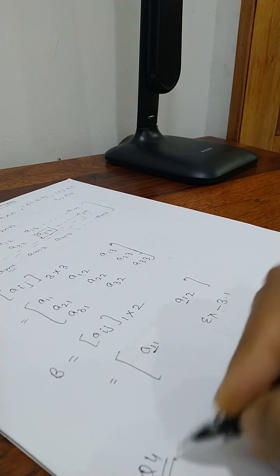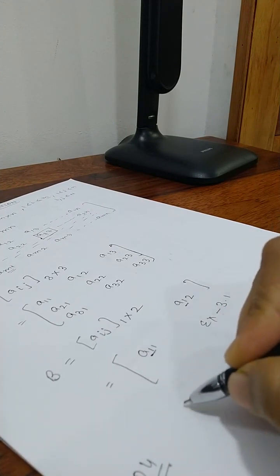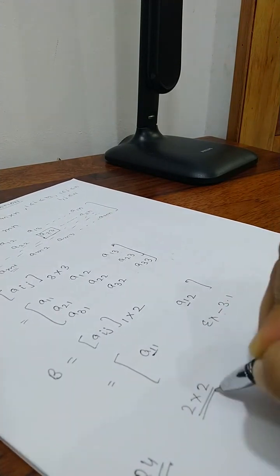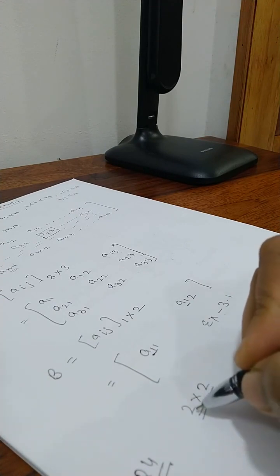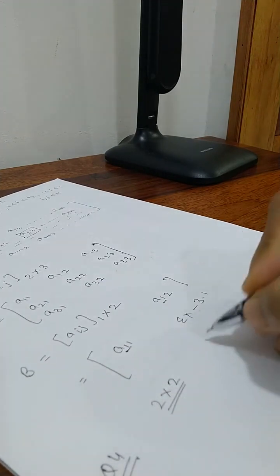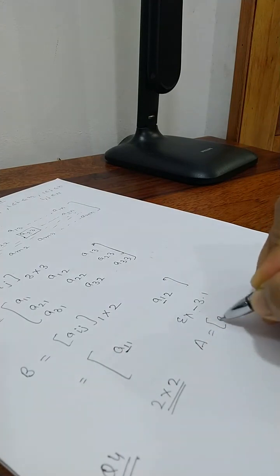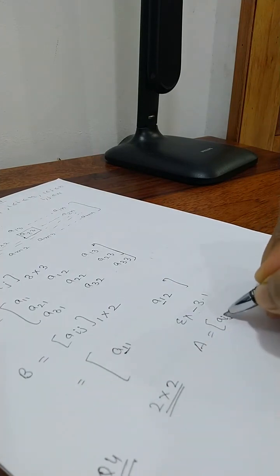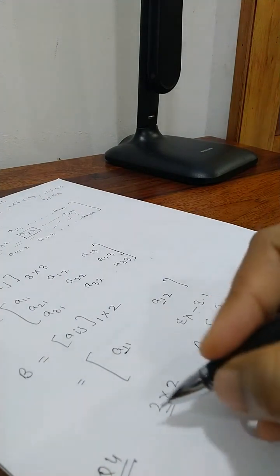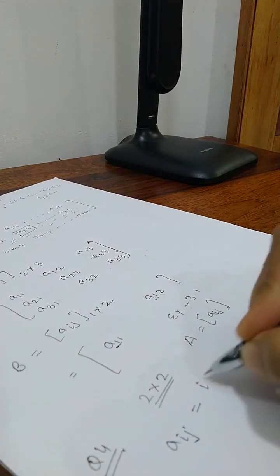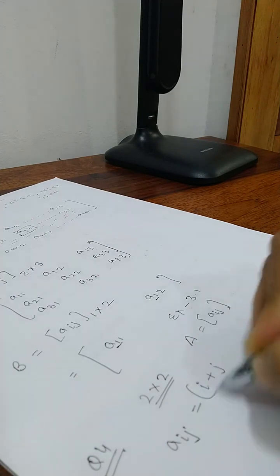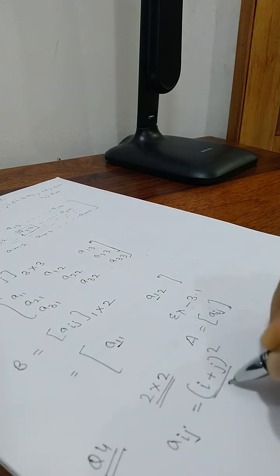In question number 4, you have to construct a 2 by 2 matrix. So that means you need to take 2 rows and 2 columns. The matrix A in general form is given as a_ij, where the elements are given by (i plus j) whole square upon 2.